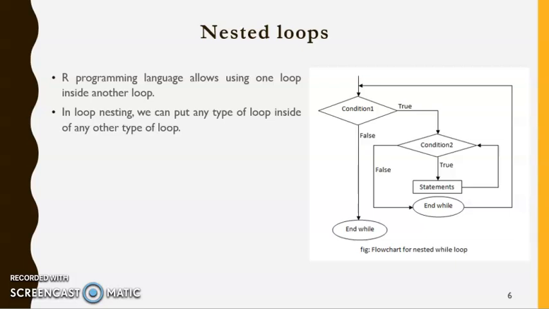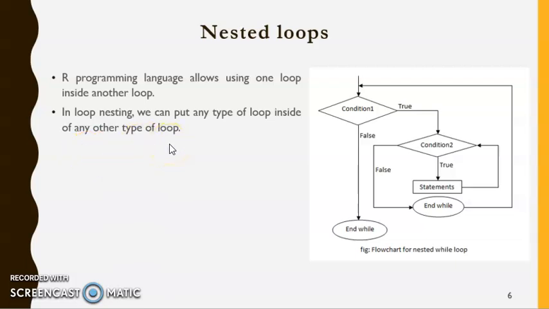After reviewing and doing some practices over loops, for loops, and while loops, now we can talk about nested loops. What are nested loops? In loop nesting, we can put any type of loop inside of any other type of loop.